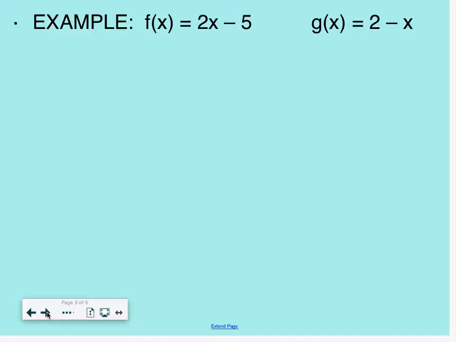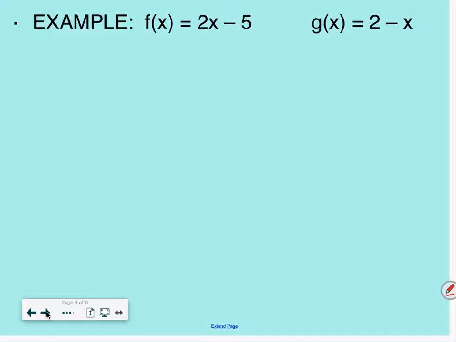If we were to graph them, what would we get? Gabriel, if we graph these, what would we get? We would get lines. These are linear functions. Okay, and what do we know about the domain of linear functions? All real numbers. As long as we have any sort of polynomial, we have a domain of all real numbers.